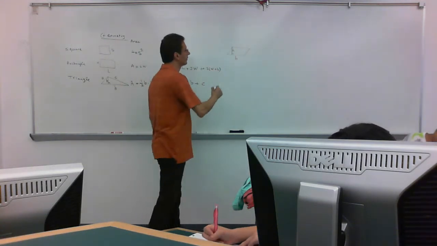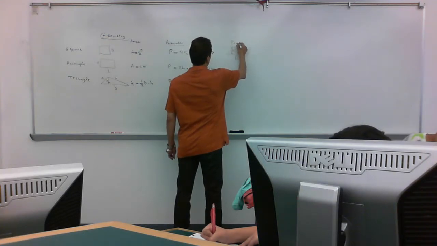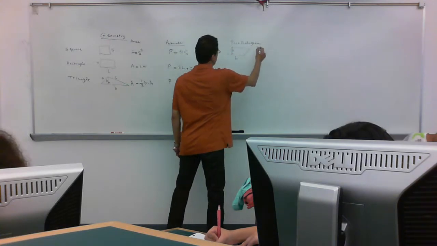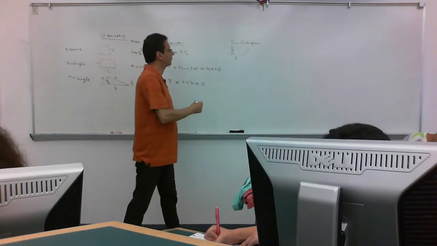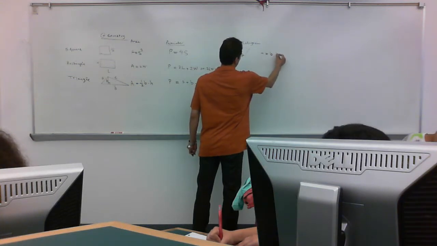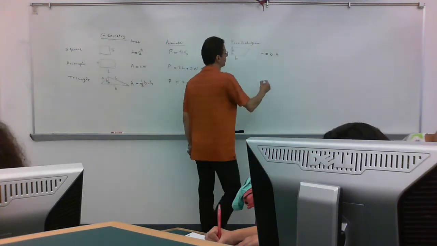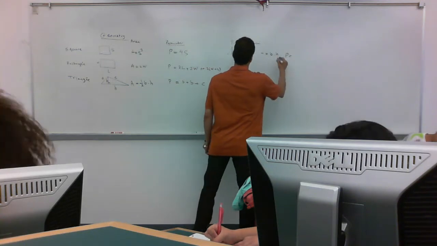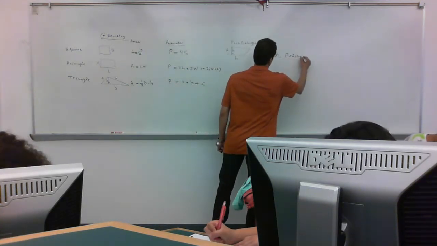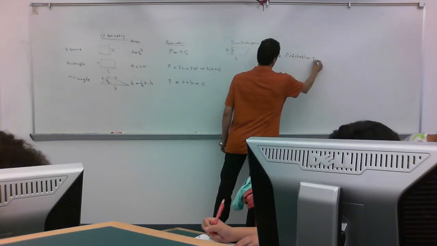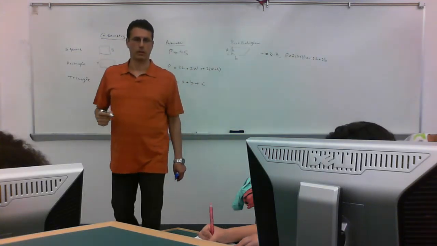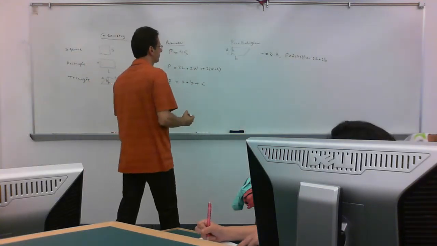Remember the name? It's a parallelogram. The area is equal to base times the height, and the perimeter would be 2 times A plus B, or 2A plus 2B.